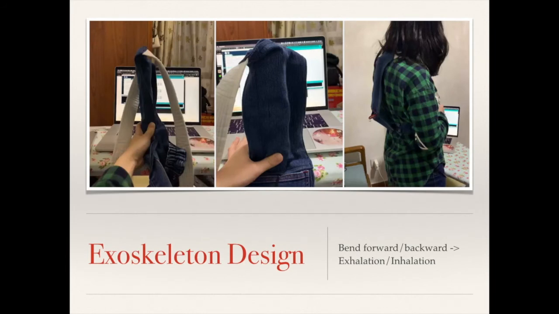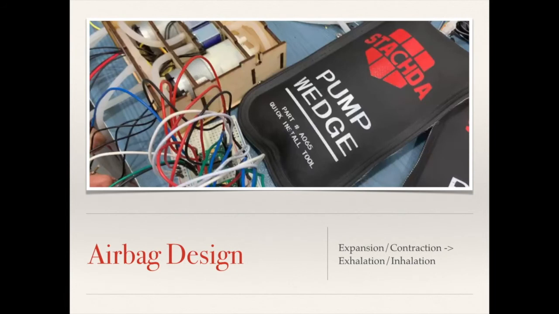For the exoskeleton design, the working logic is that when the exoskeleton bends forward, it is the cue for the users to exhale, and when it bends backward, it is the cue for the users to inhale. The second design is the airbag design, but I abandoned this design because of the noise.